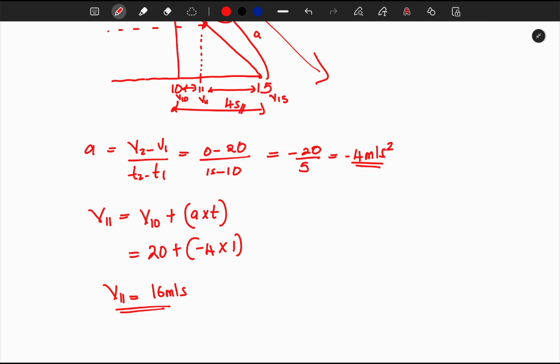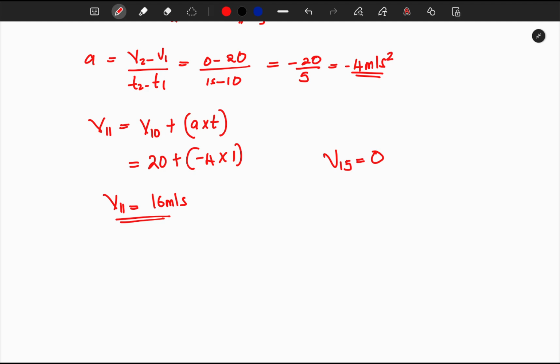But we need it for the next 4 seconds. Now for the next 4 seconds, it's going all the way up to time 15. So let's find the velocity at 15 seconds. The velocity at 15 seconds is actually 0 because the line is coming down. So we get 0.